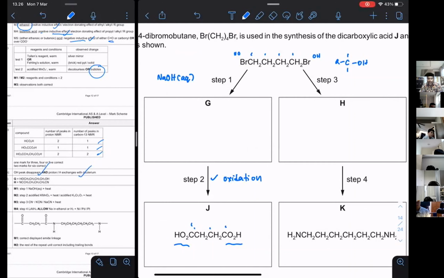So sodium hydroxide, then this should be heated under reflux, or warm. So NaOH, you heat, and you are going to get OH, CH2, CH2, CH2, CH2, OH.